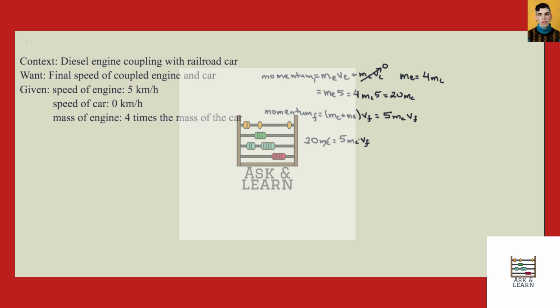We can cancel out the masses of the car over here, and then we just pass the 5 dividing over here, and we get that the final velocity of both the car and the engine together is going to be equal to 4 kilometers per hour.